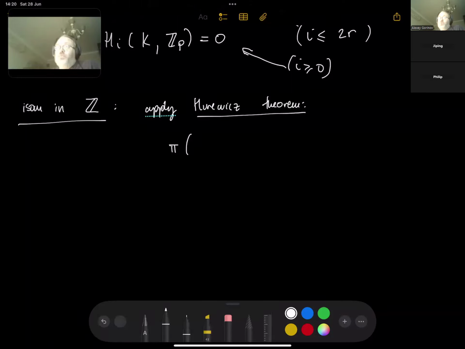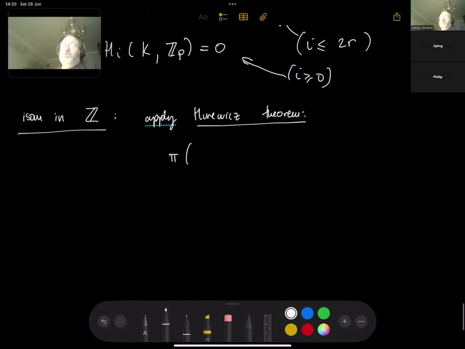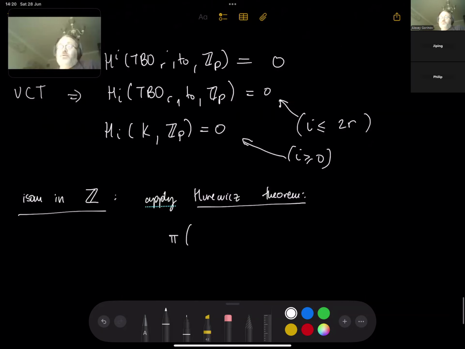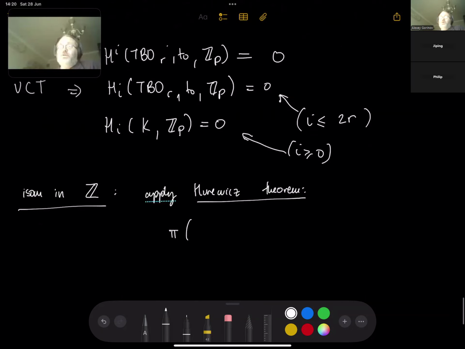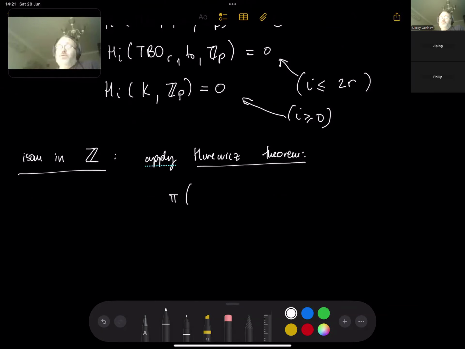Otherwise, it's more complicated. But the spaces K and BO<r> are all simply connected. So we have pi_i K equal to pi_i BO<r> for i less than 2r.